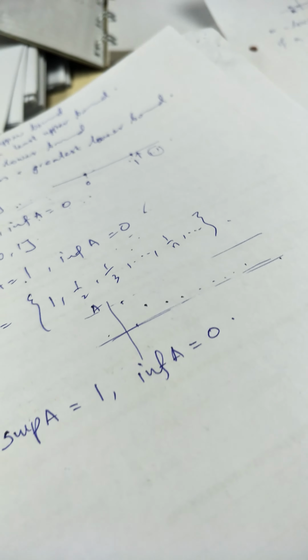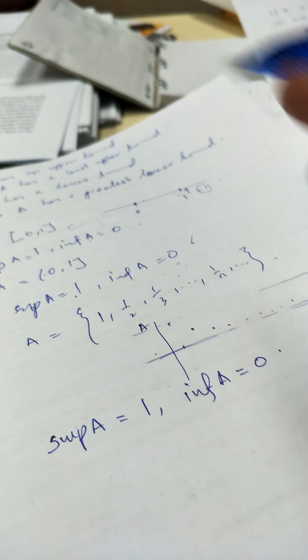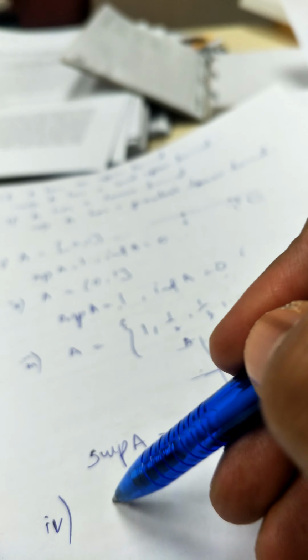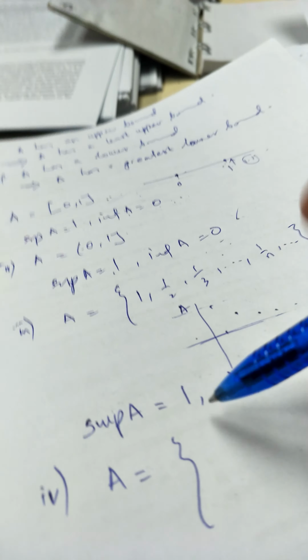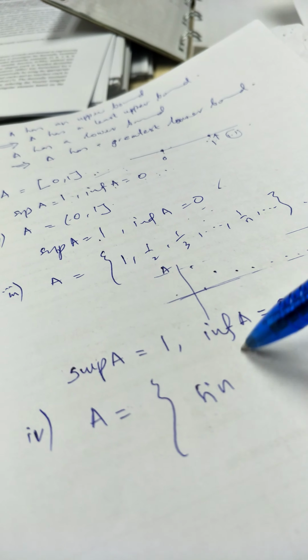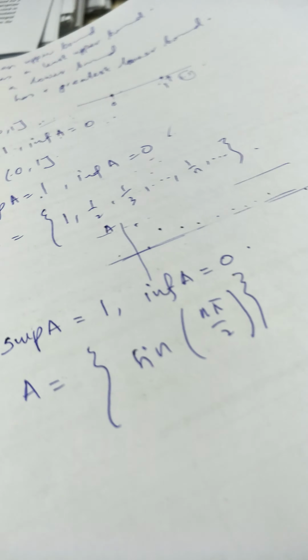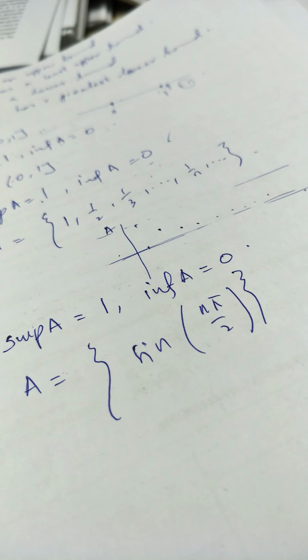Alright, another example, number 4. Let's say we have this kind of sequence, sine of n pi over 2, for n from 1 to infinity.